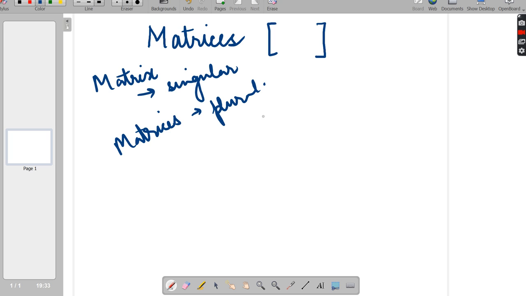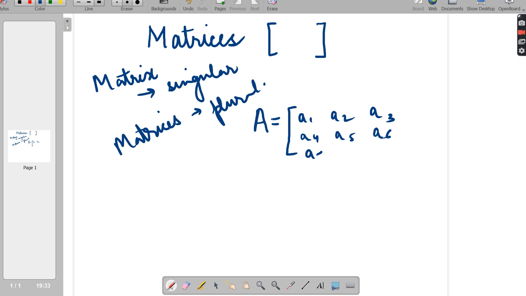So suppose I have some elements and I write an example of a matrix as A is equal to A1, A2, A3, A4, A5, A6, A7, A8, and A9. Any representation of objects or elements in the form of rows and columns is known as a matrix.